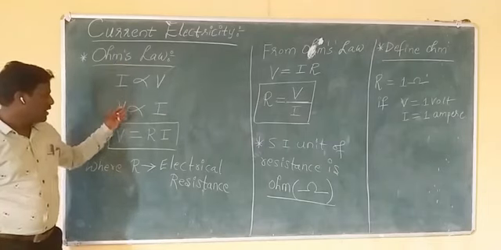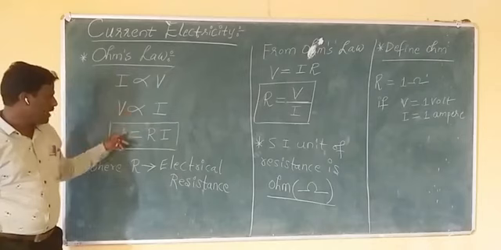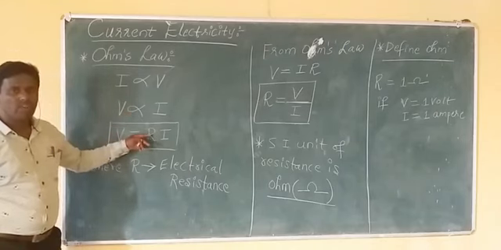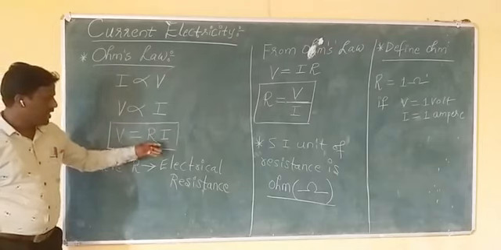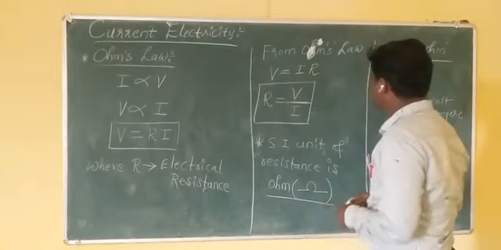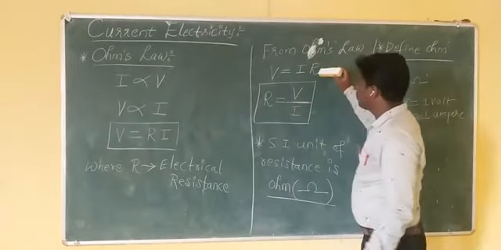So in order to remove this proportionality symbol, I am going to take a constant here, capital R. That capital R is constant, and its name is electrical resistance. So R is for electrical resistance. From Ohm's law, V equals IR.